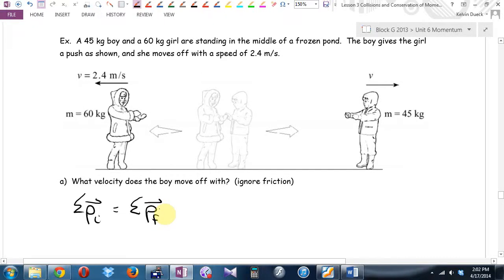Before the explosion, what's moving? Mass 1, girl, mass 2, boy, or both? Neither. So what's my initial momentum then?